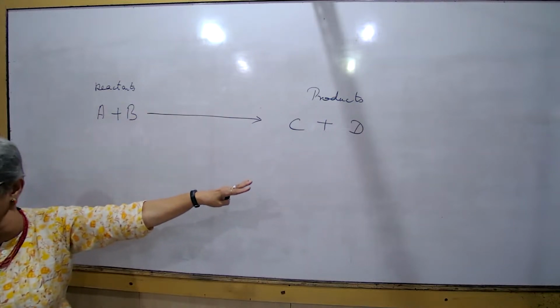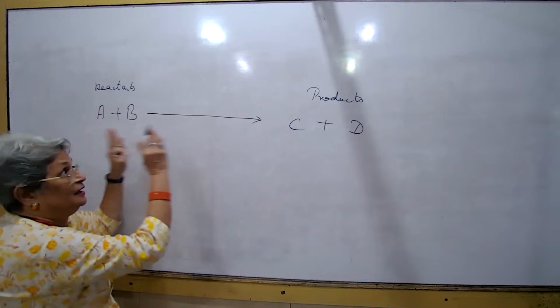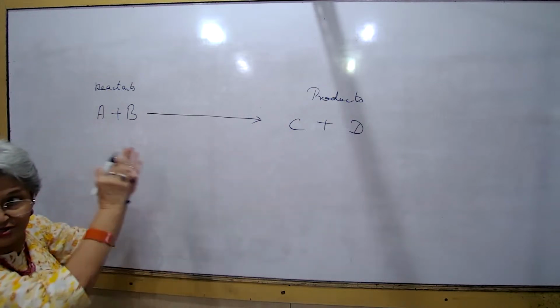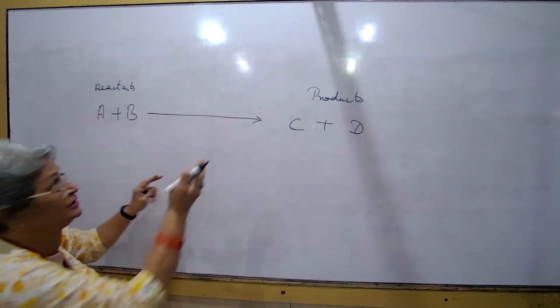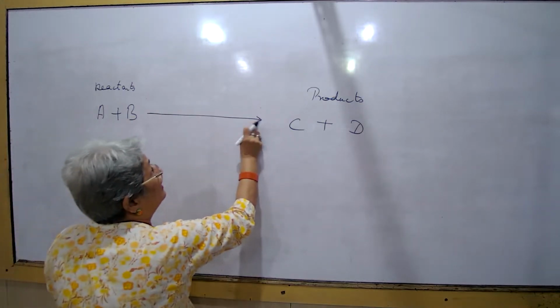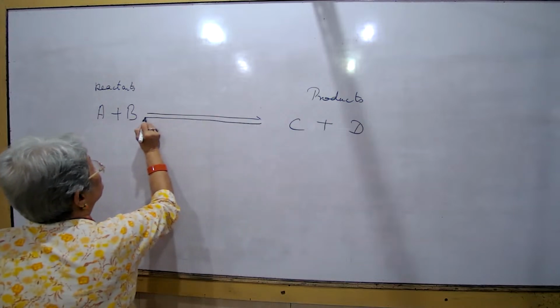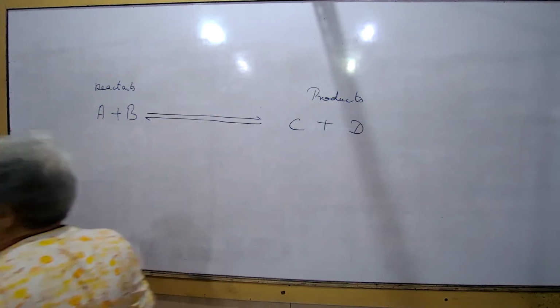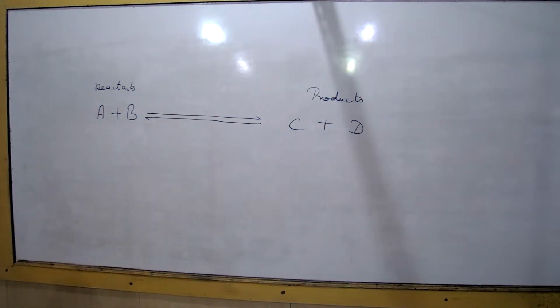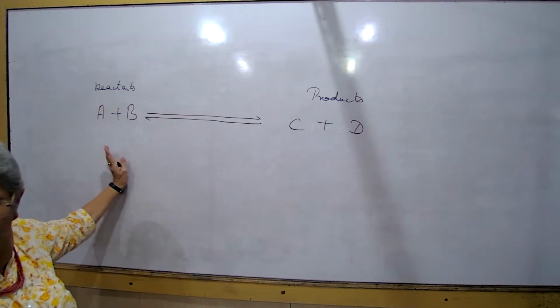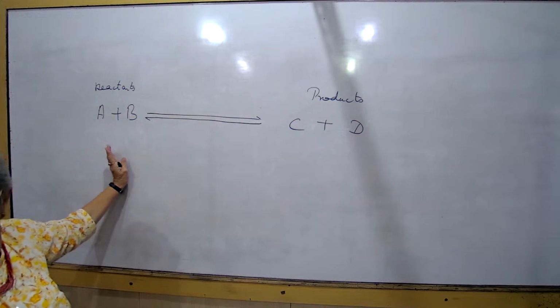If the reaction is moving in both directions, a reversible reaction, we use half-headed arrows, with the heads in opposite directions. Above or below the arrow, we write down the conditions that are required for the reaction to take place.